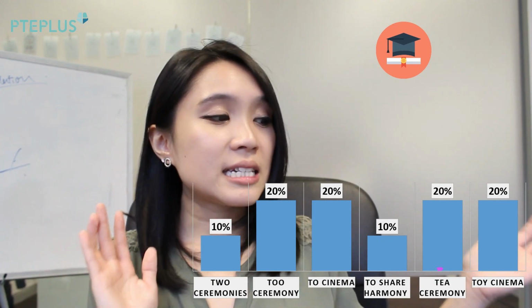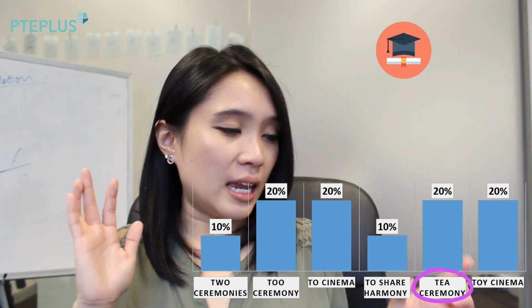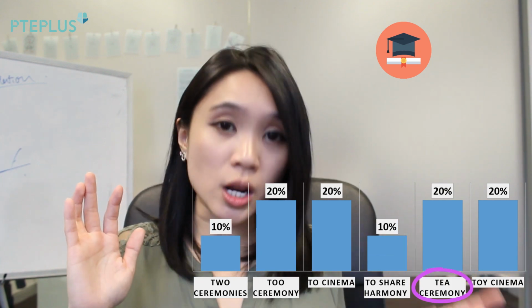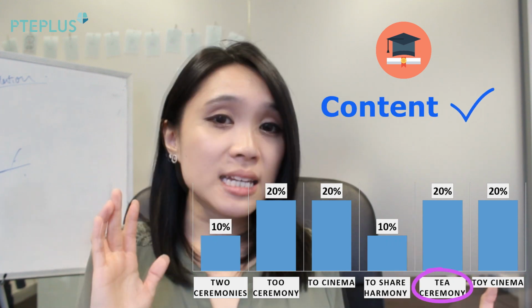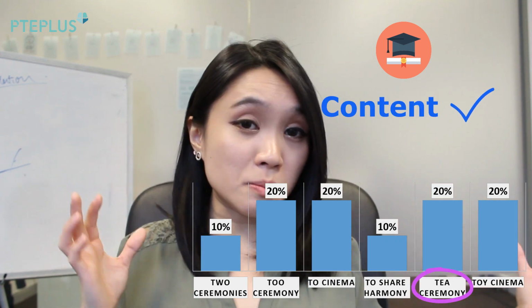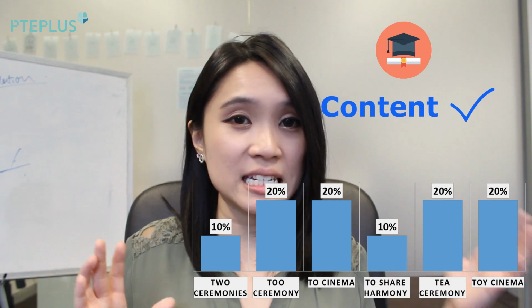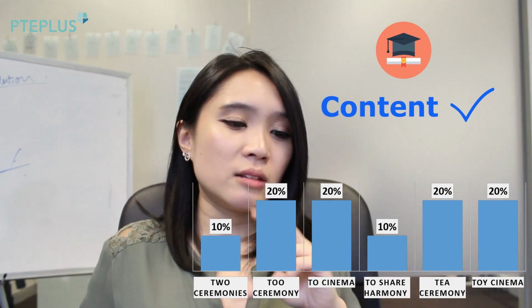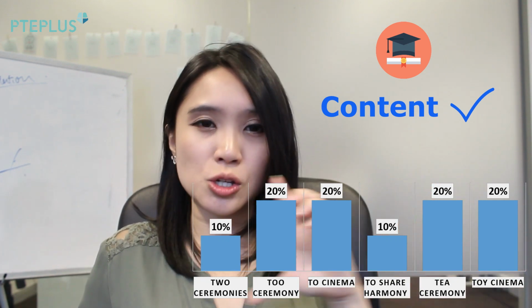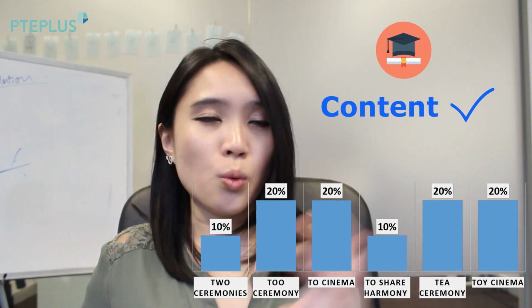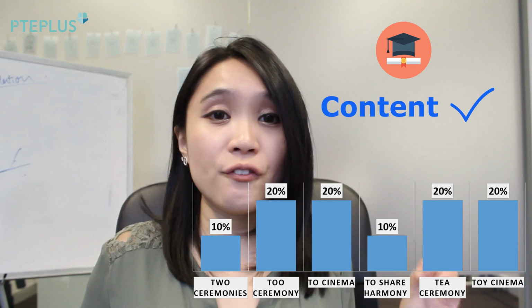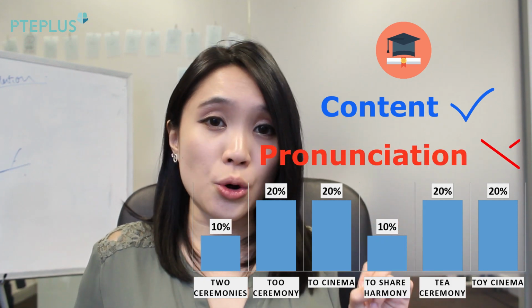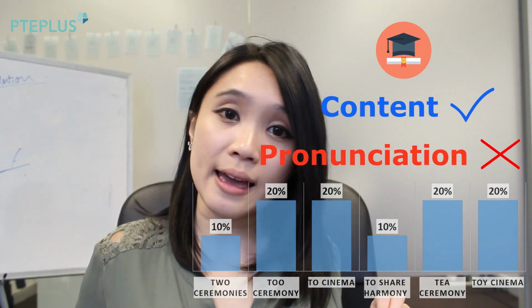And because tea ceremony is one of the possibilities, you would get the content score. But because there are so many possibilities of what he could have said, and none of them really stand out, the machine can't quite work out how close you are to what you're actually trying to say, therefore their pronunciation score would be heavily penalized.